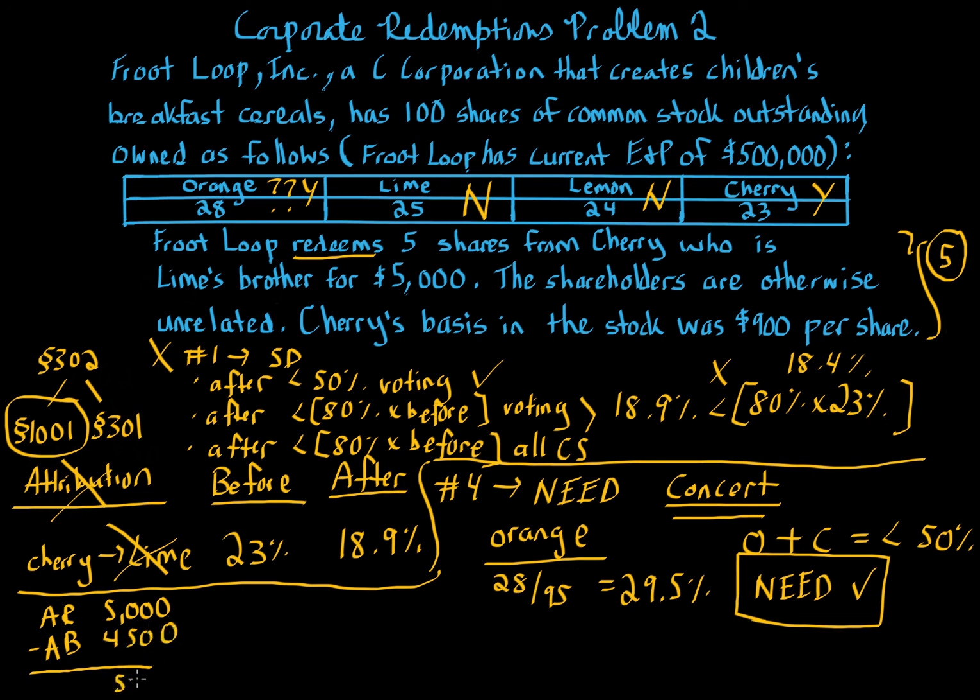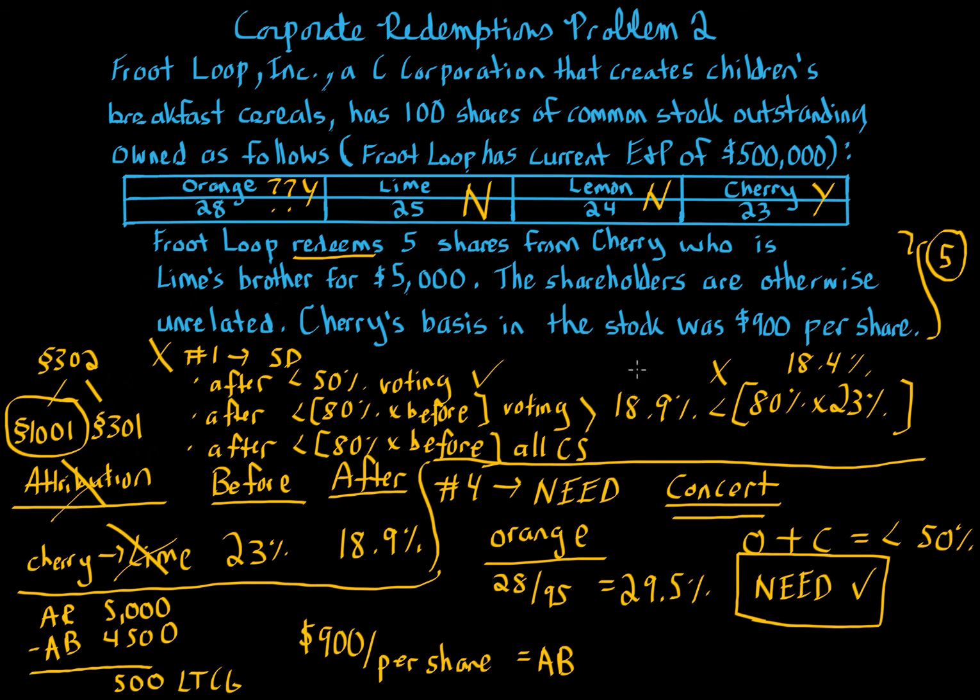There's a $500 gain. Assuming Cherry held the stock for more than a year, it's a long-term capital gain. And the basis per share going forward is $900 per share. That's the adjusted basis of the remaining 18 shares. So that's how we do this.